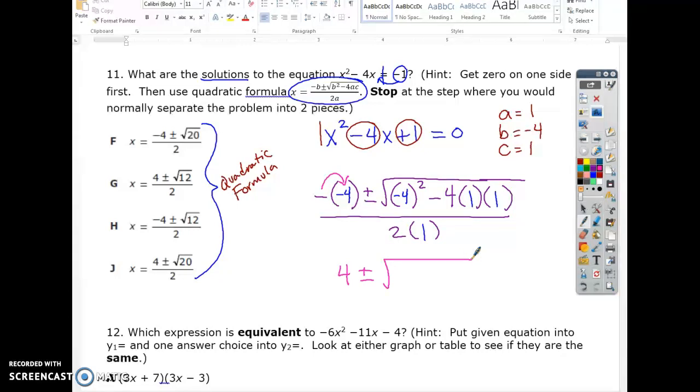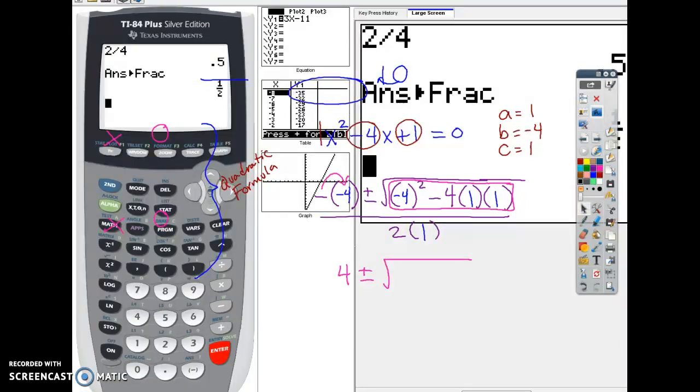Okay, so already I know that it's not going to be -4, so these two are out. Then I can put this whole thing in the calculator inside the radical and see what it gives me. So let's go to the calculator.